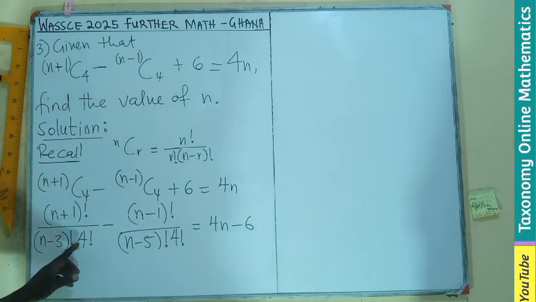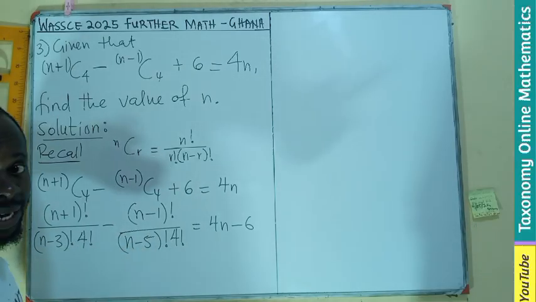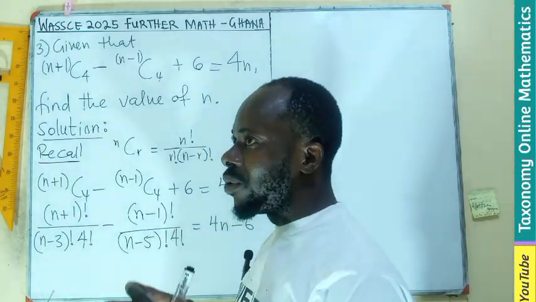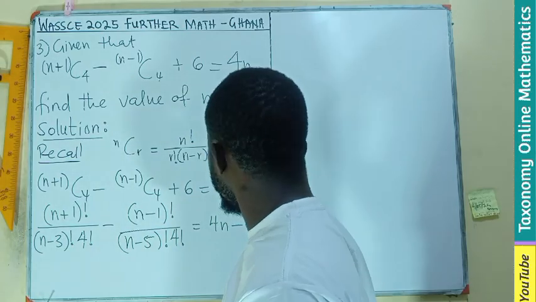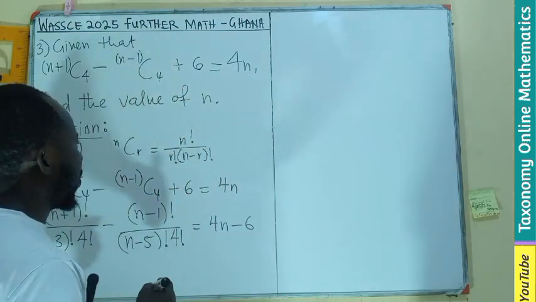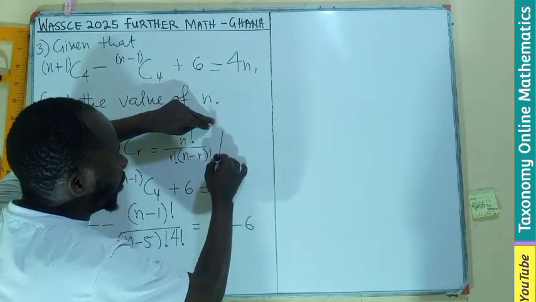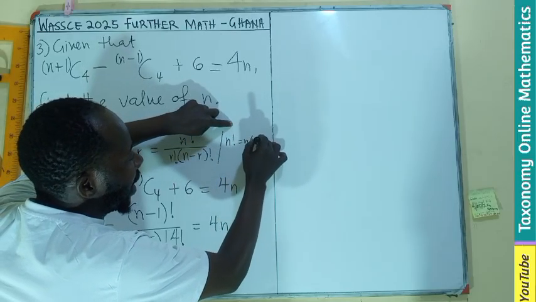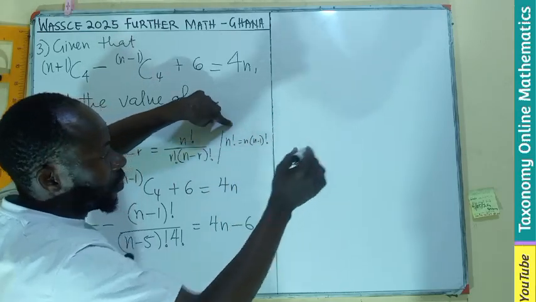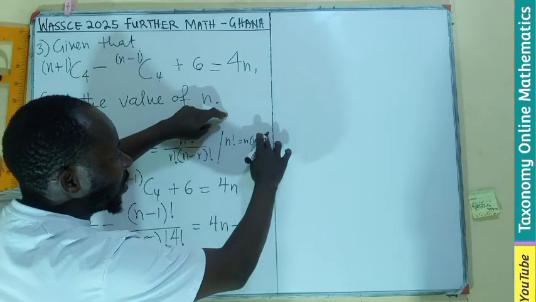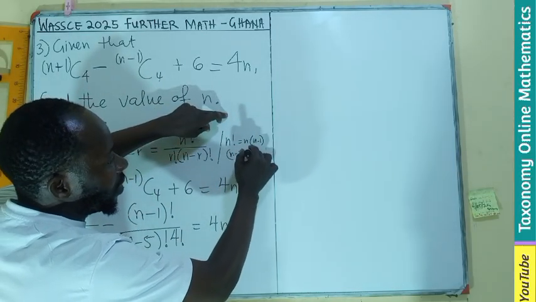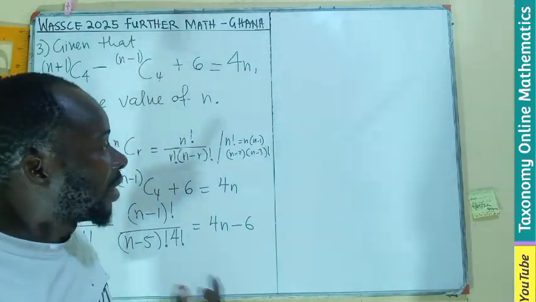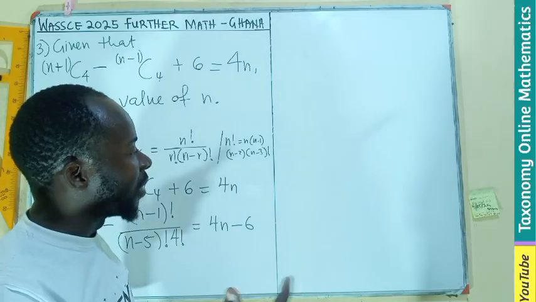We can see that 4 factorial can be expanded easily. The ones in the bracket we need to expand in such a way that it will be n minus 1 continuously, then n minus 2, n minus 3, continuing until n minus r plus 1.